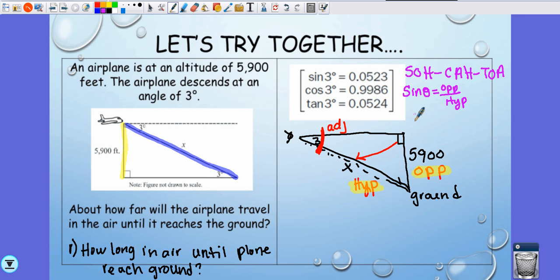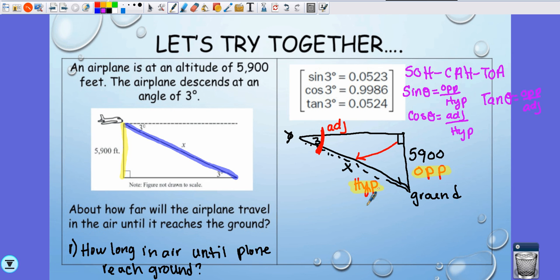Cosine of theta equals adjacent over hypotenuse. And tan of theta equals opposite over adjacent. There is a formula sheet for this, which I can give you, so you don't have to necessarily memorize it, but you're going to do so many of these that you will memorize it.